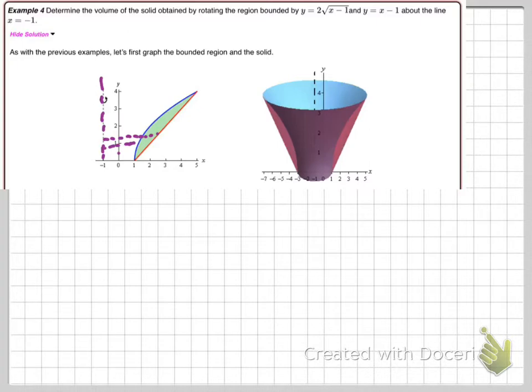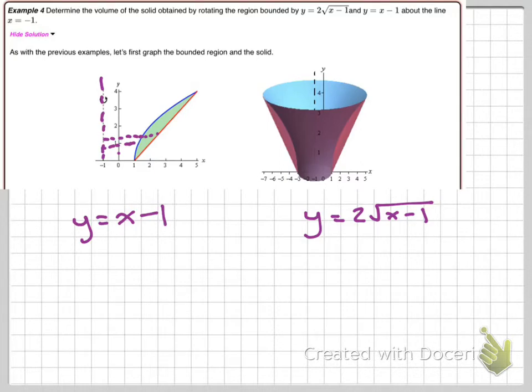So we're going to need to make sure that we take each of these, right? In this case, the one to the right is y equals x minus 1. The one to the left is y equals 2 times the square root of x minus 1. So we'll have to solve for these for x in terms of y.